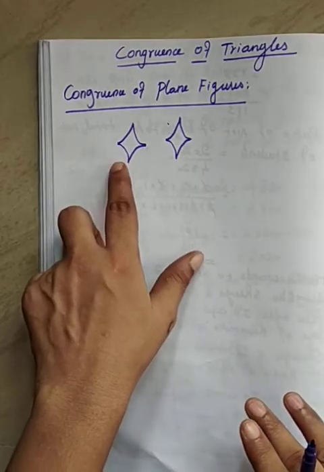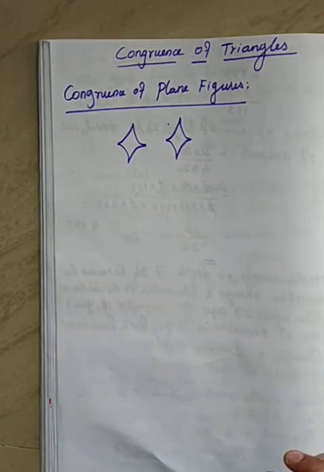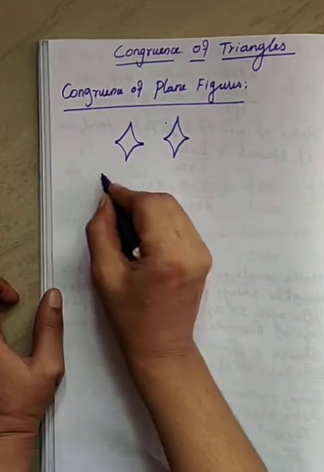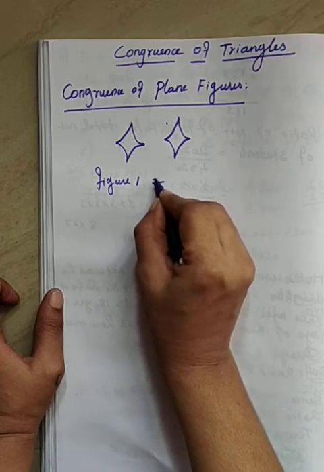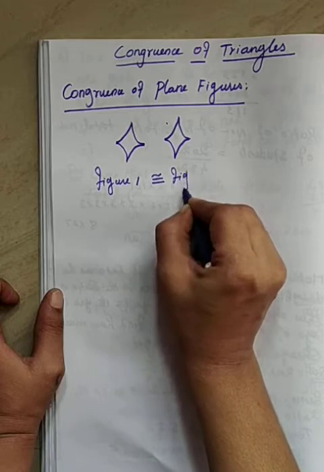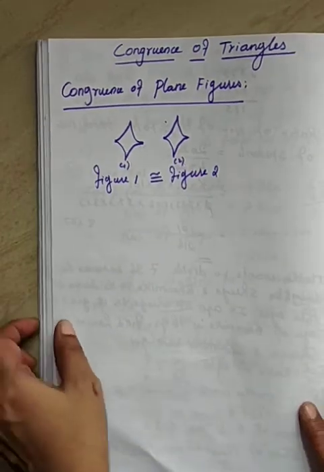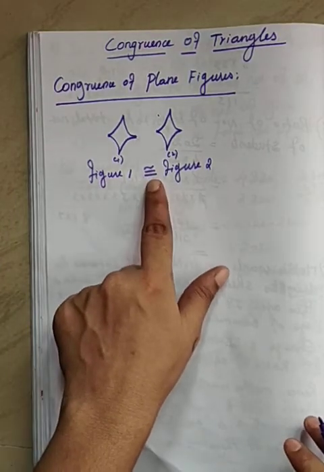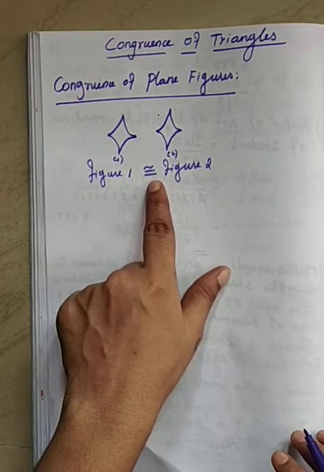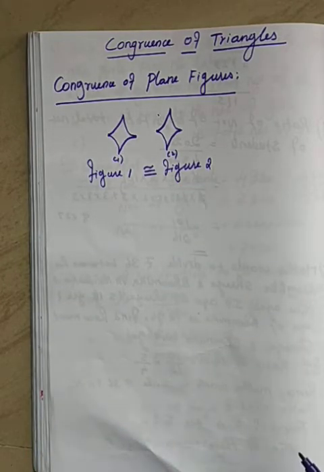Using tracing paper, make a replica of figure 1 and superimpose it on figure 2. If the replica covers figure 2 exactly, then we can say that they are congruent. If figure 1 is congruent to figure 2, we write the relation using the congruent symbol between figure 1 and figure 2. Now trace the bangle 2 times on a sheet of paper and cut out the circles.